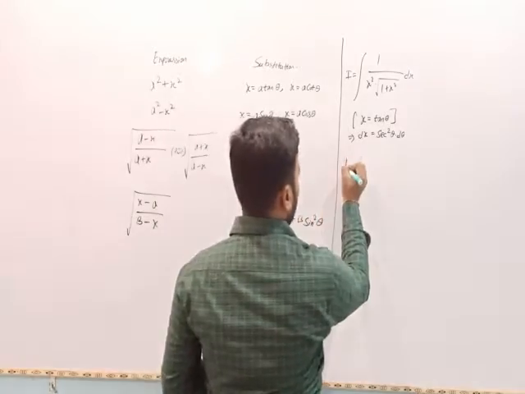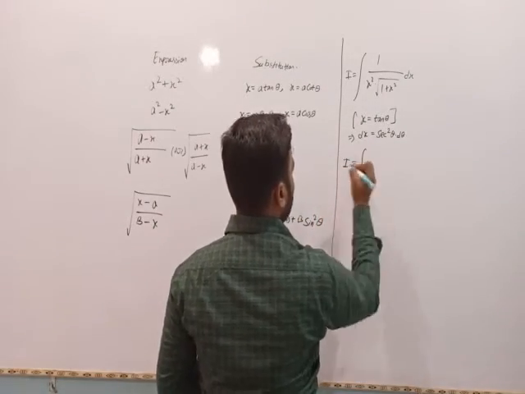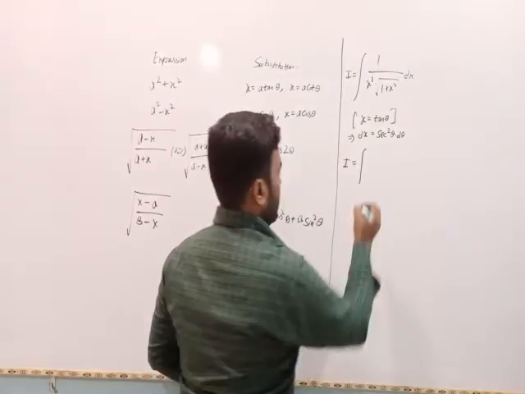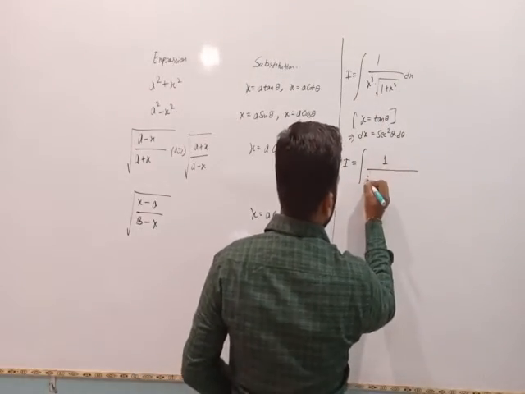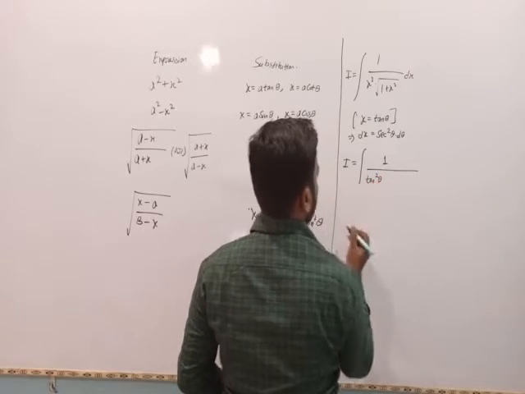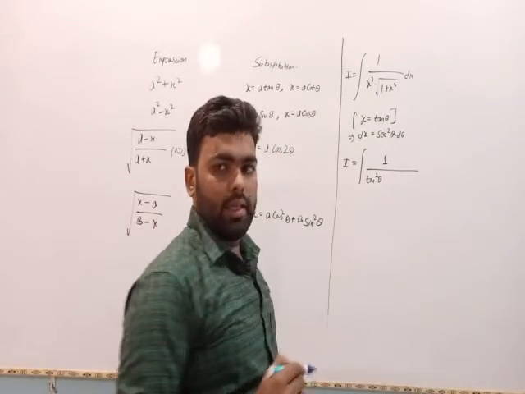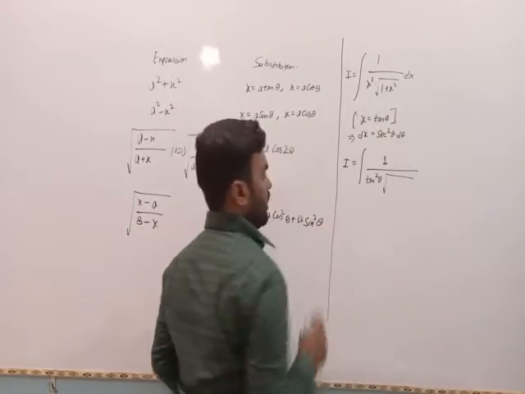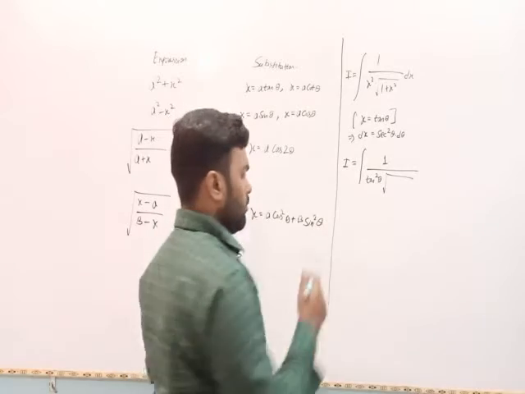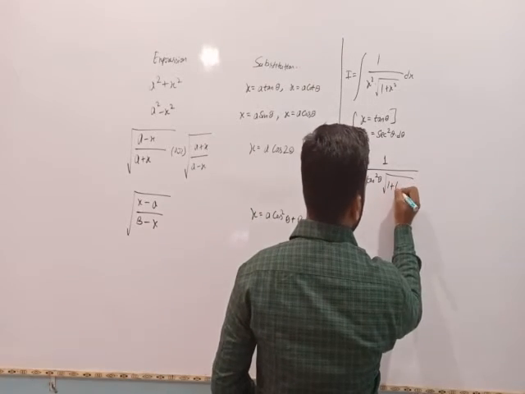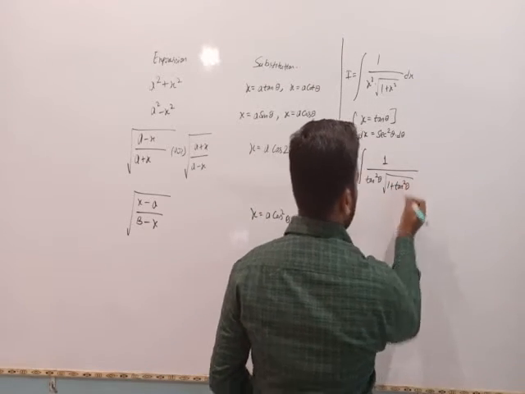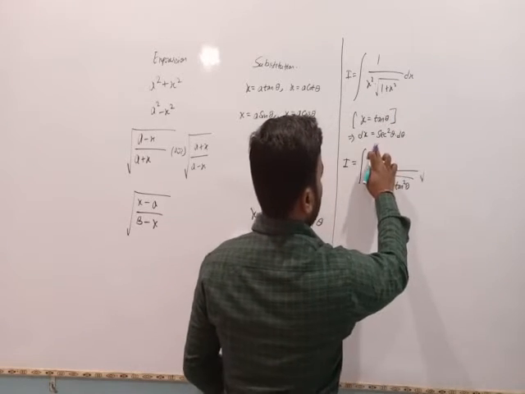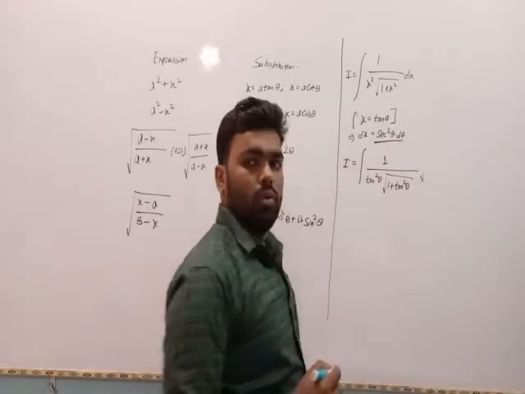Our integral I will become the integration of 1 upon x square, so this will become 1 upon tan square theta, since we are writing tan theta in place of x. And we have root of 1 plus x square. 1 plus x square will become 1 plus tan square theta, and dx will be replaced by sec square theta into d theta.